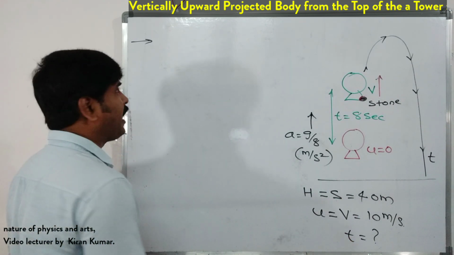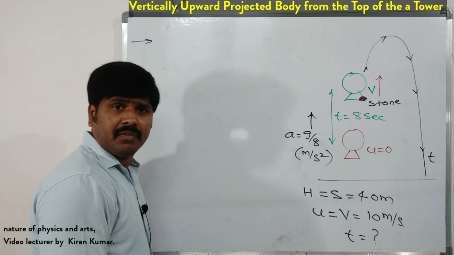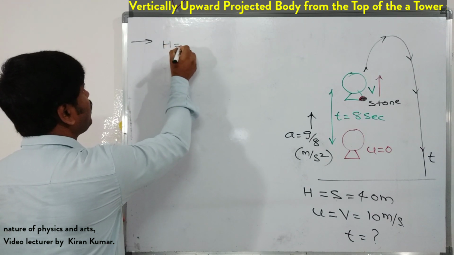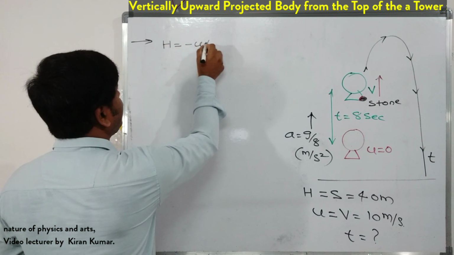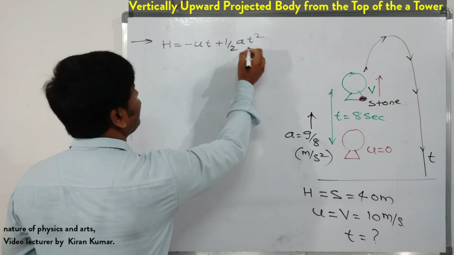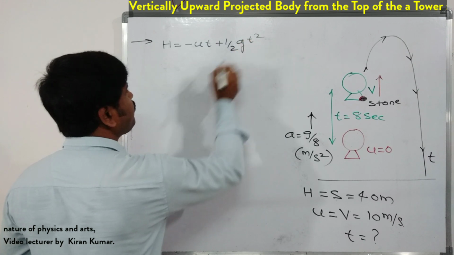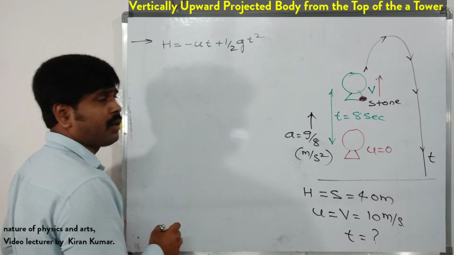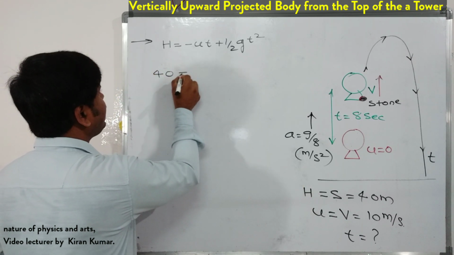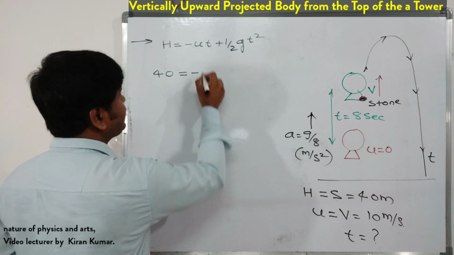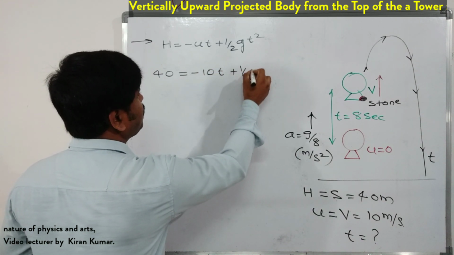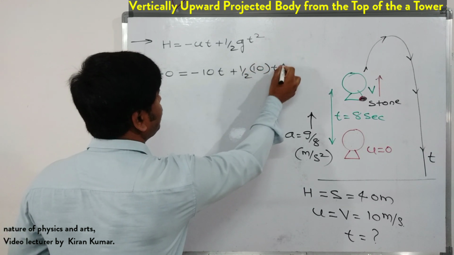Time we have to find from the height of the tower equation, h is equal to minus ut plus 1 by 2 a t square, that is g t square. So h value is 40 meters, minus u value 10 into time t, plus 1 by 2 g value 10 into t square.